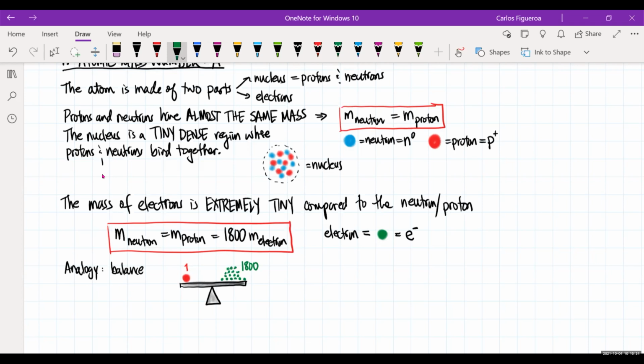So here's my analogy. You could imagine that I have a bowling ball. When I'm thinking about this bowling ball, we all know that a bowling ball could be quite heavy. The equivalent of an electron mass would then be to compare the mass of the bowling ball to the mass of a marble.